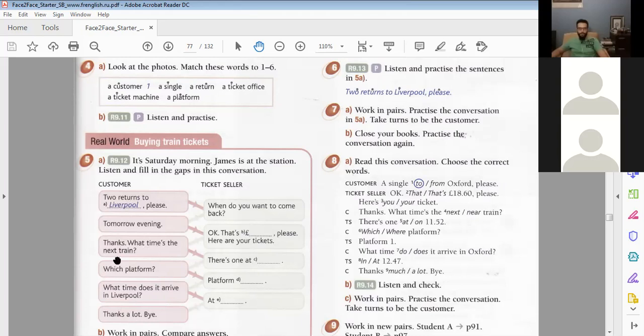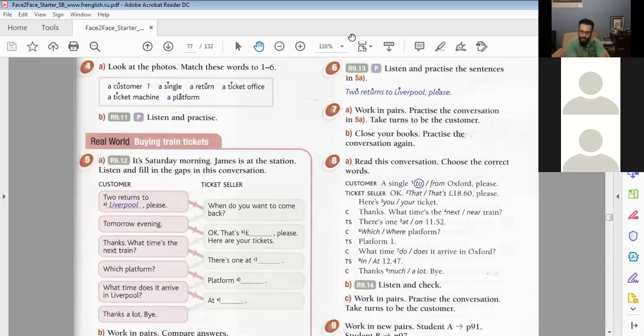What time's the next train? There's one at 9:17. Which platform? Platform 6. What time does it arrive in Liverpool? At 12:29. Thanks a lot. Bye.